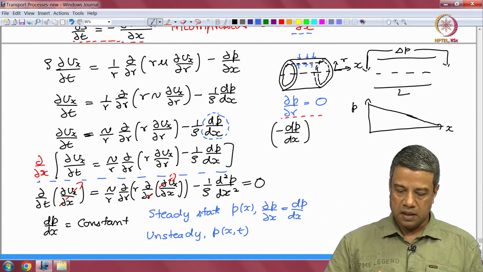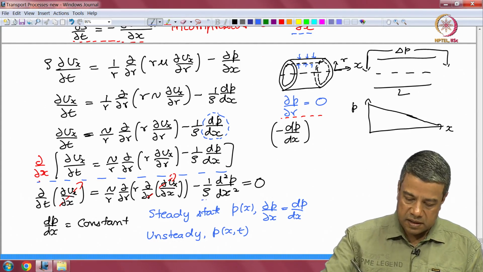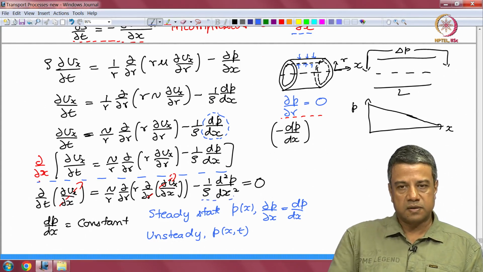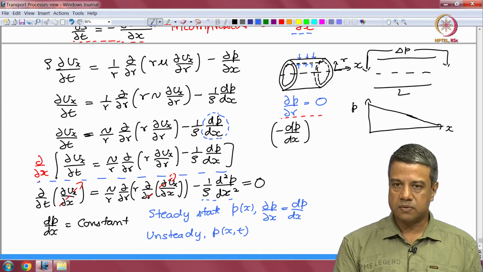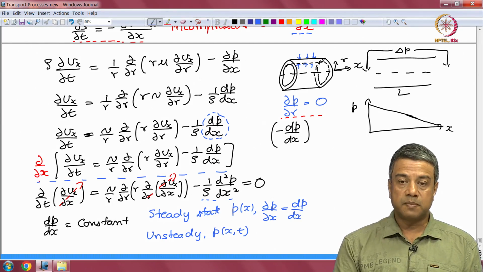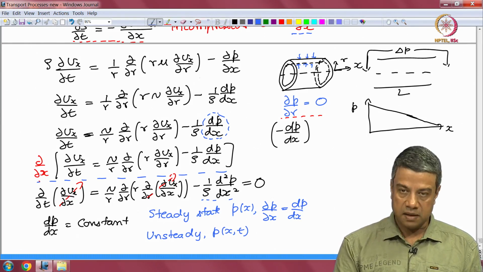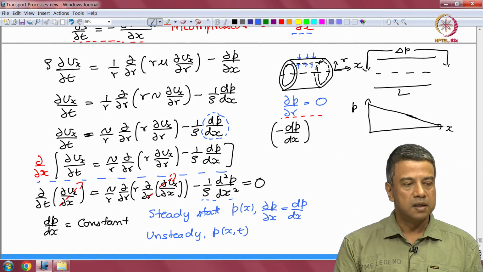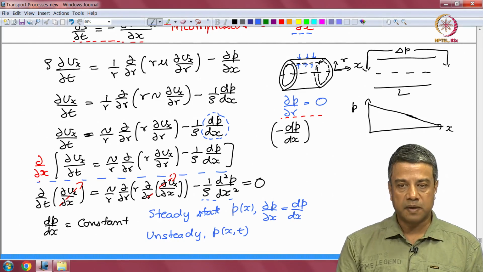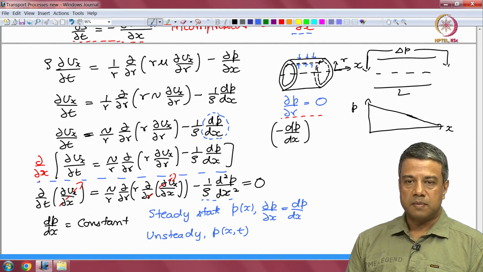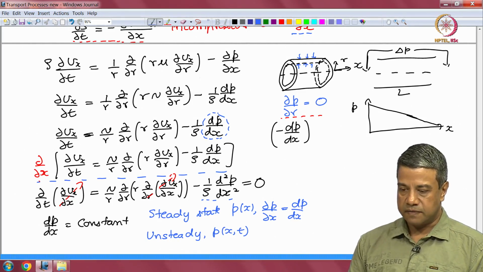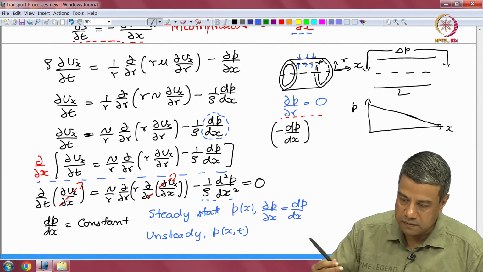And that gave us the relation that d square p by dx square is equal to 0. If it is time varying, this would be partial square p by partial x square is equal to 0. That means that partial p by partial x is independent of x. That means that p has to be a linear function of x.